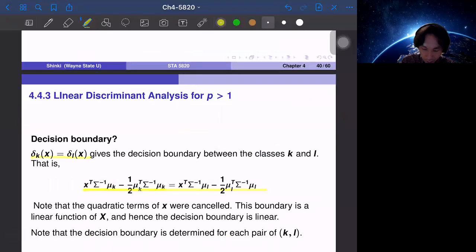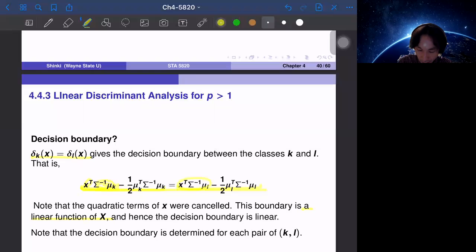We have these two terms on the left-hand side and these two terms on the right-hand side. You can immediately see that this is a linear function of x. This is x transposed times some matrix, sigma inverse times mu k. It's complicated, but at least this is x transposed times some matrix, so this is a linear function of x.